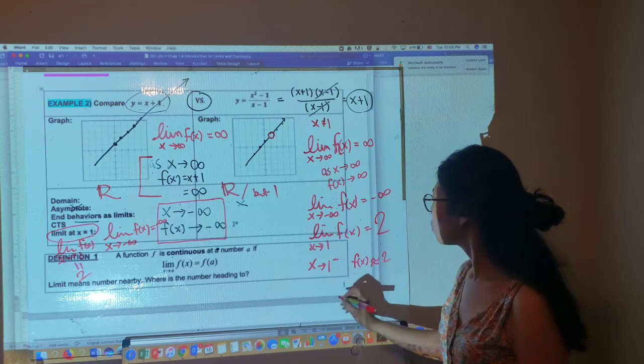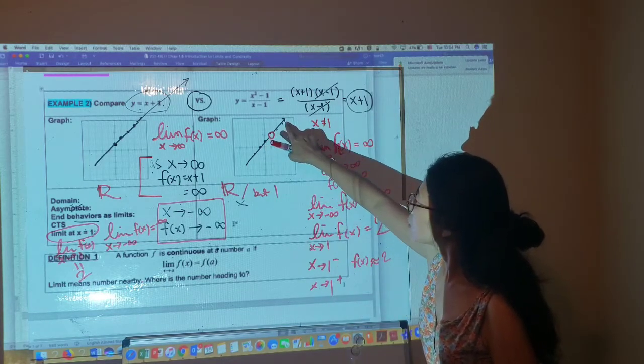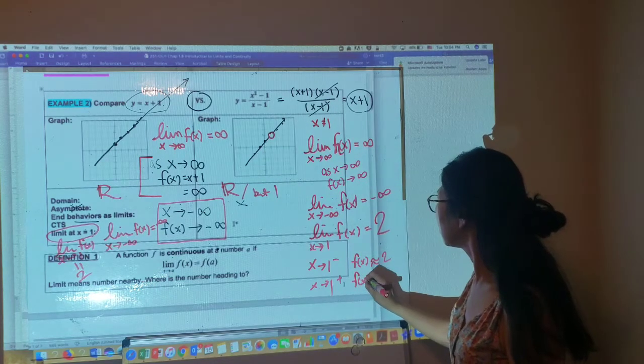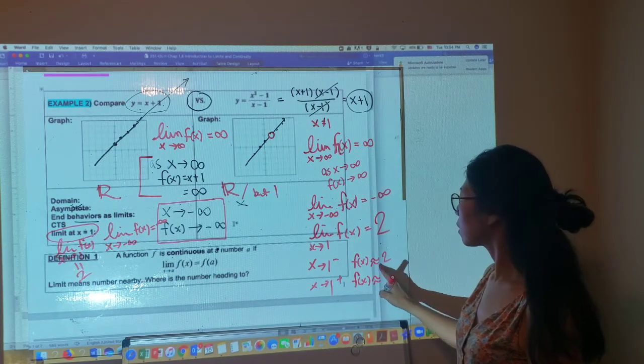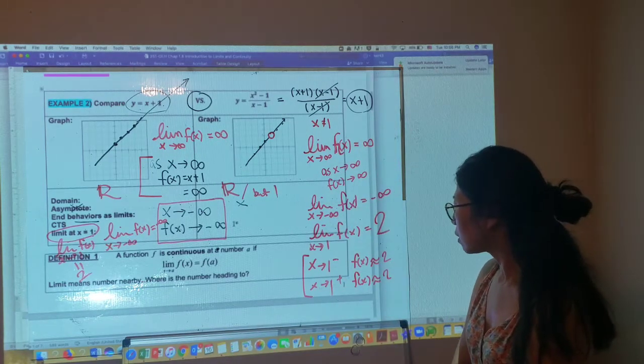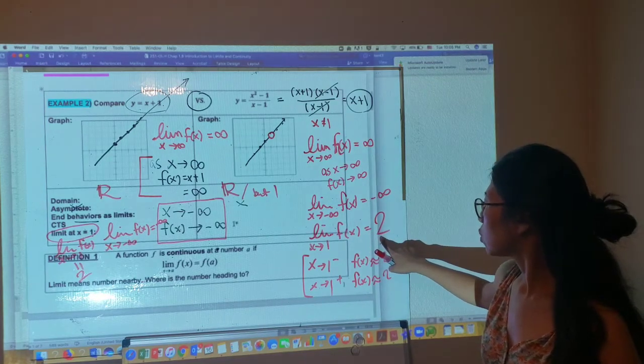Is it closing in on 2? And x coming from the positive side of 1, is my number getting closer to 2? I cannot say exactly 2, but getting close to 2. So we just talked about the definition of a limit existing at that point. Then yes, the limit exists, which is 2.